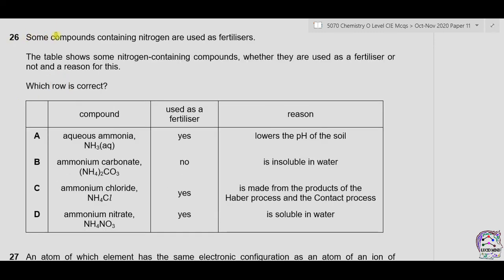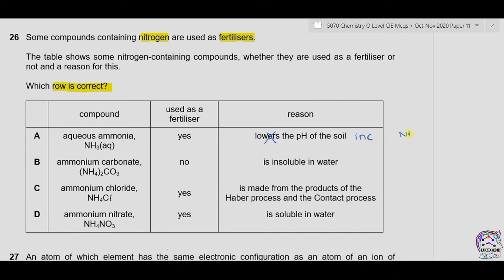Question 26. Some compounds containing nitrogen are used as fertilizers. The table shows some nitrogen containing compounds, whether they are used as fertilizers or not, and a reason for this. Which row is correct? A. Aqueous ammonia. It is used as a fertilizer and it lowers the pH of the soil. As ammonia is basic in nature, it does not lower the pH, it increases the pH of soil.